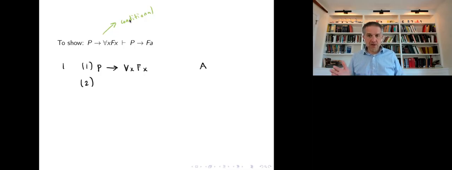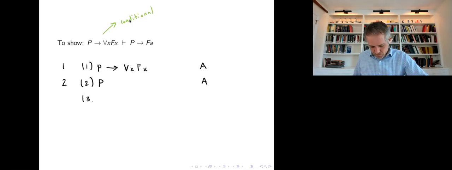However, the conclusion is also a conditional. So thinking strategically, why don't I assume the antecedent of the conditional and prove its consequent? So I assume P. This is now my strategy, because I know once I assume P, if I get Fa, then I can do conditional proof and I'll be finished.